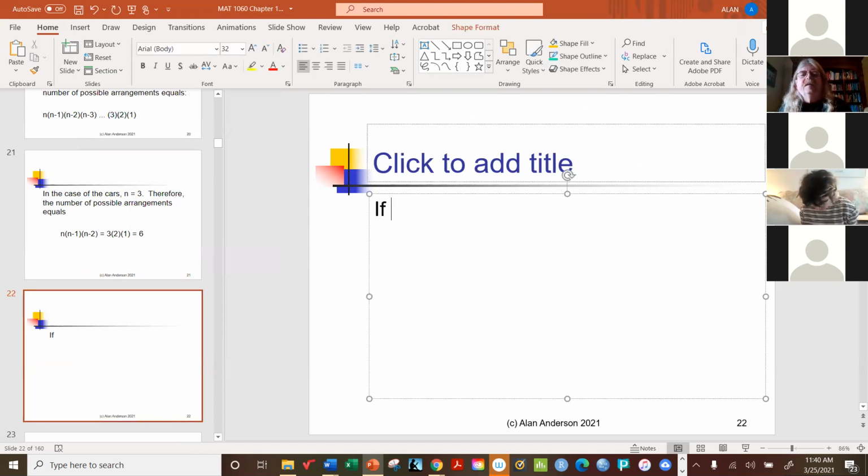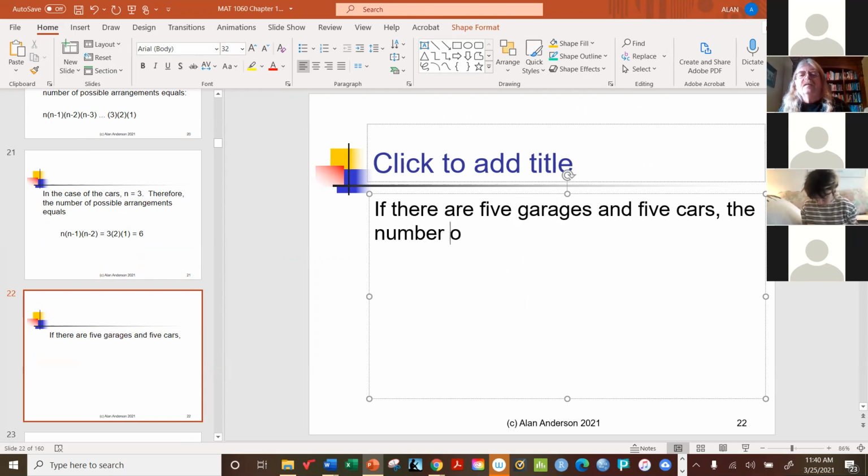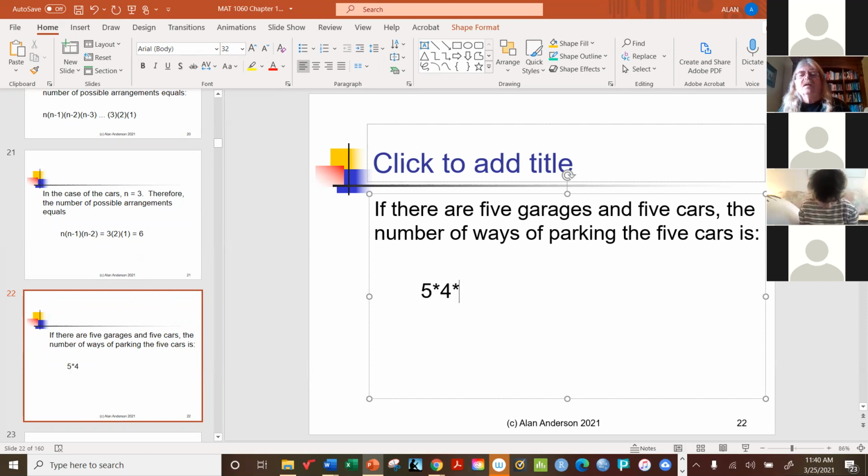If there are 5 garages and 5 cars, the number of ways of parking the 5 cars is just 5 times 4 times 3 times 2 times 1, and that gives me 120. So we went from 6 to 24 to 120 when we went from 3 garages to 4 to 5.